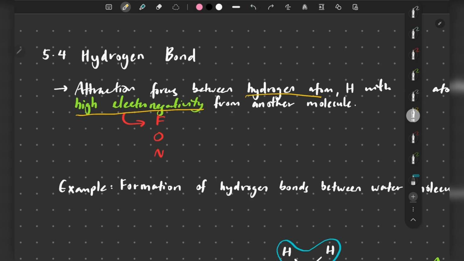What does FON stand for? F stands for fluorine, O is oxygen, and lastly N is for nitrogen. These three are the atoms with high electronegativity that will form hydrogen bonds with hydrogen atom.